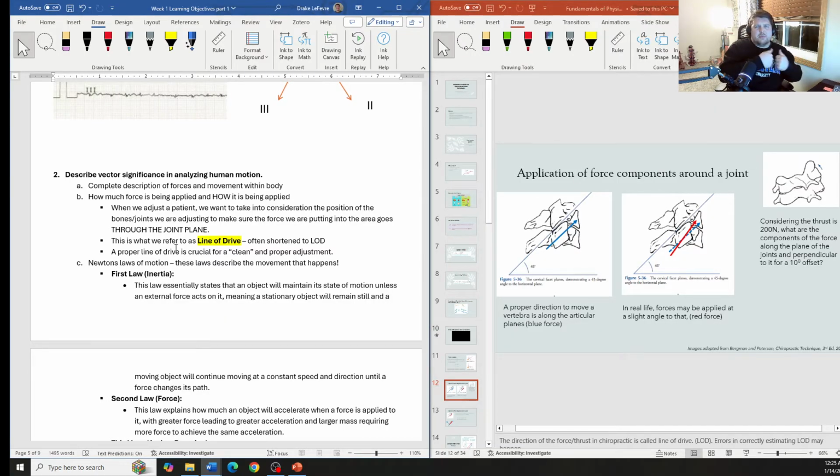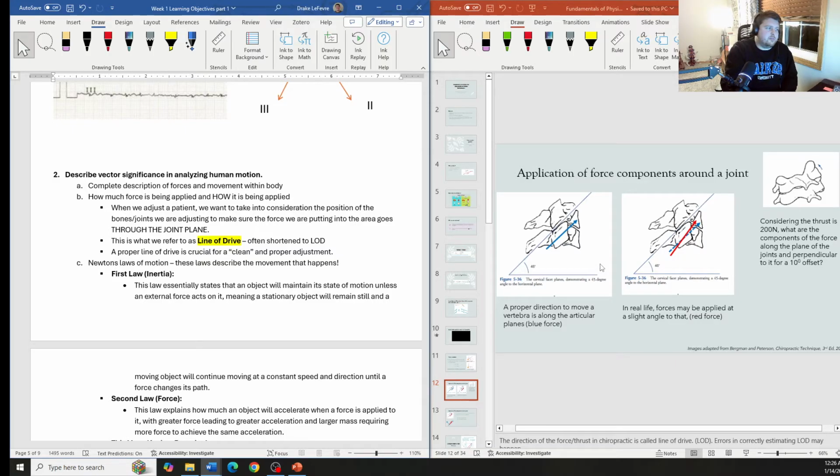I don't want to jam the two sides of the joint together, one, because that could hurt, and two, because that could actually make things worse. So we want to make sure that our vector, the direction and the magnitude of force that we're applying, goes in the right direction so that you get a nice sliding of the joints on top of each other. And that's what gives us, I would call, a clean and very nice adjustment, is paying attention to that line of drive and to that direction.